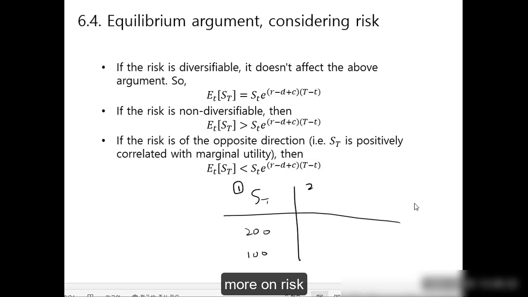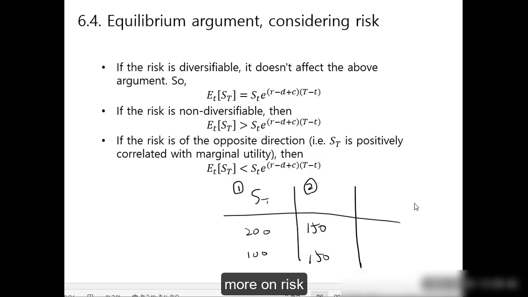Number two, from the bank, let's say you get 150 regardless. So now we are comparing asset number one and asset number two, and asking ourselves, do we like this one more than the other one? That's the question.